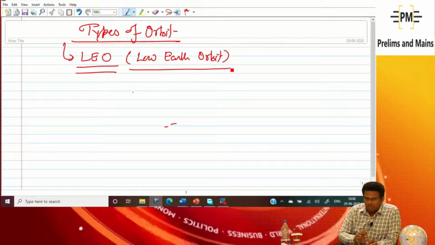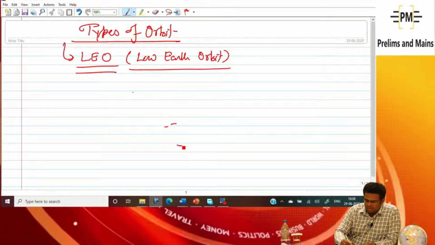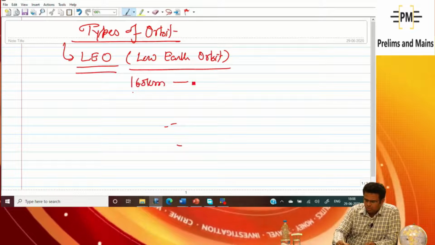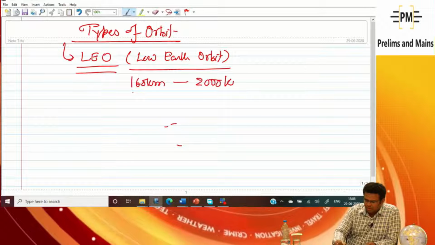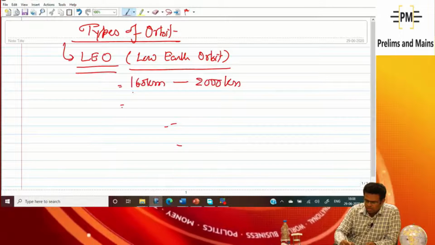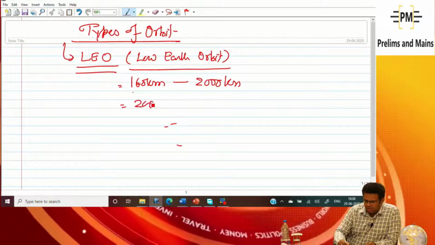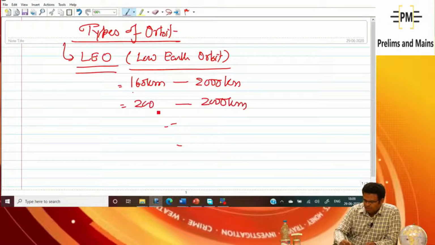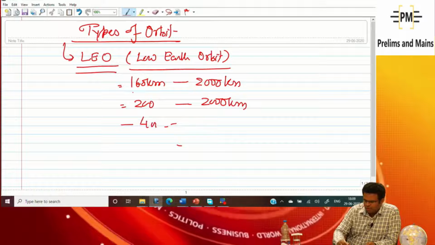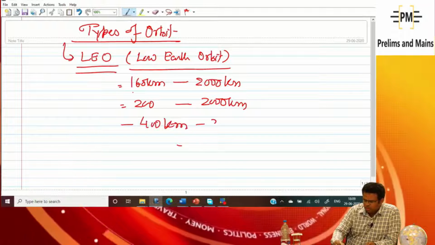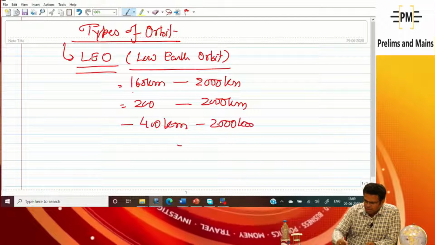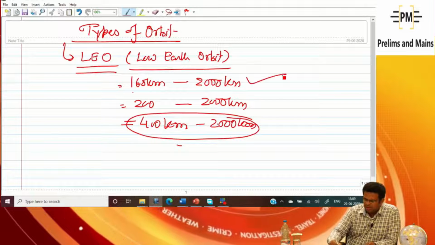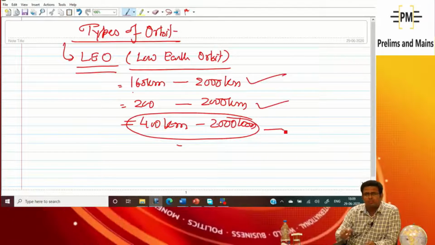Some books say it is from 160 kilometer to 2000 kilometer. Some books talk about 200 kilometer to 2000 kilometer, but I say it is around 400 kilometer to 2000 kilometer. You can say any one of them.